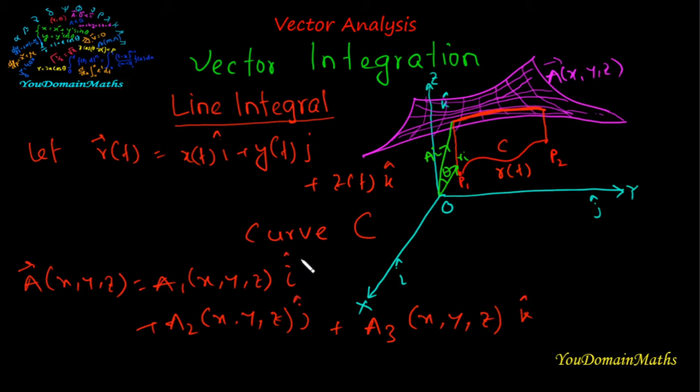This is a vector valued function, and there are three variables x, y, z, so this is a surface.